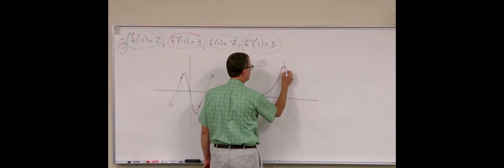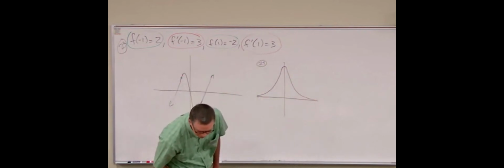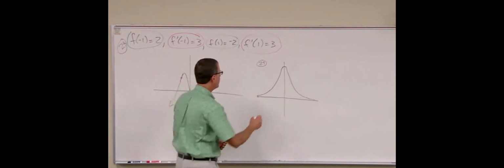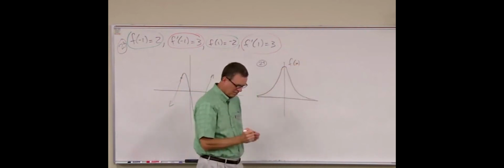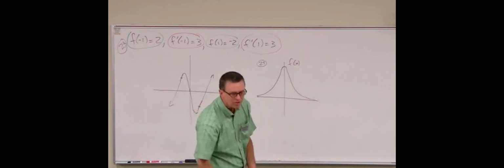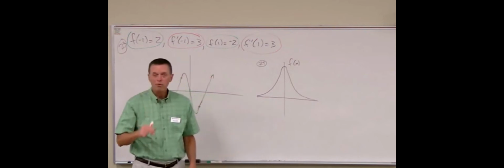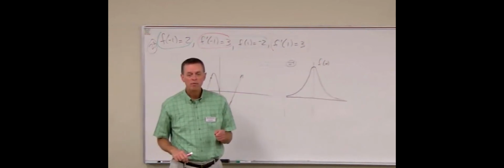There's 29. So this is f of x. I want to draw a picture of a function whose outputs represent the slopes at each point on this curve.